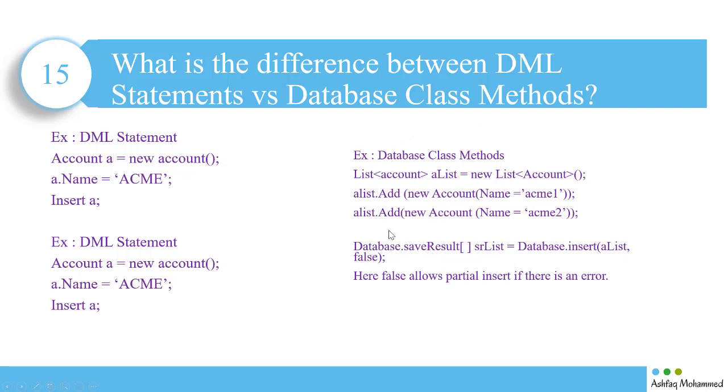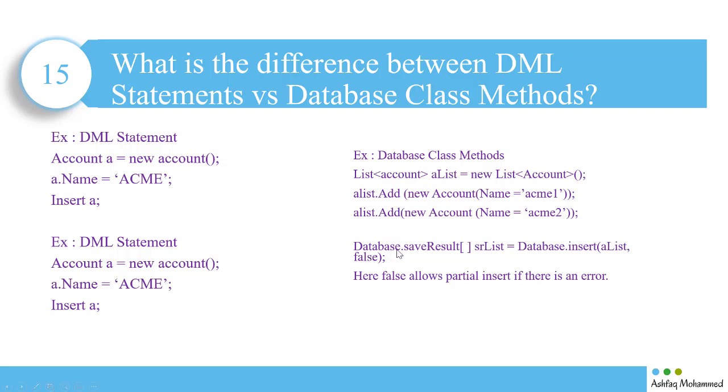Very important: try to go through the documentation of Database class methods, or try to do some sample programs using this false and true, and try to throw an error. See whether one record passes and another fails. How to make sure that one record fails?